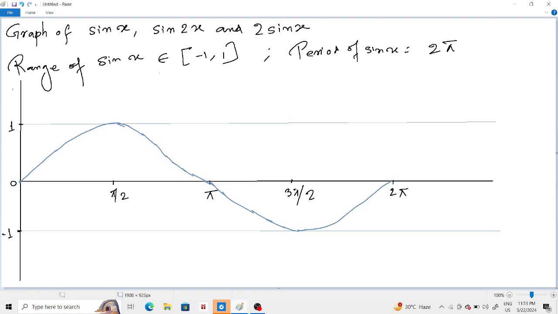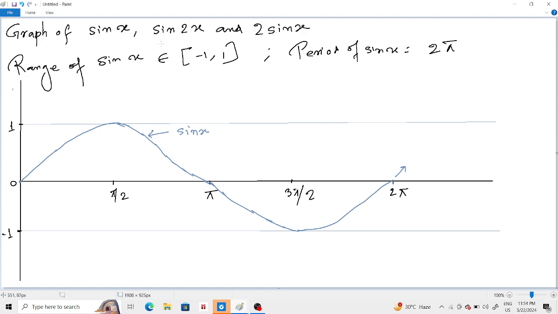So this particular graph is of sin x. Now you can see that after 2 pi this graph is going to repeat itself, the same design that we have from 0 to 2 pi. That is the reason why 2 pi is called the period of sin x function, because after 2 pi it is going to repeat the design. However, we will stop at 2 pi.